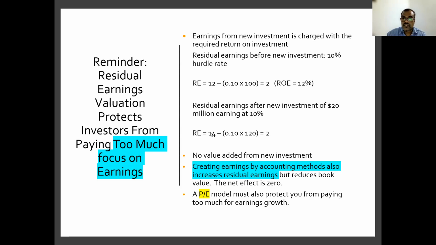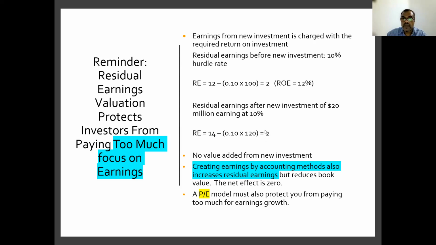Now you need to calculate the expected earnings at 10%. Because of the increase in asset base, earlier it was 100, now it is 120. 120 into 10% is 12. 14 minus 12 is 2.